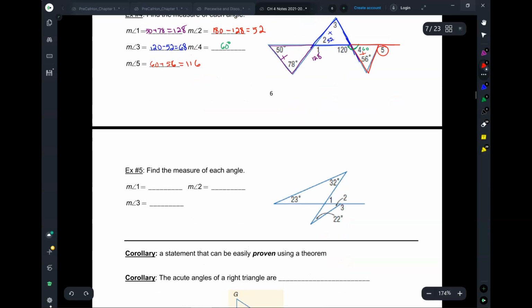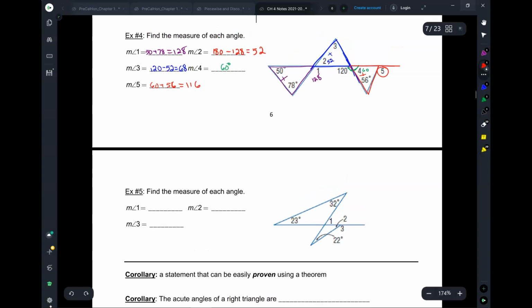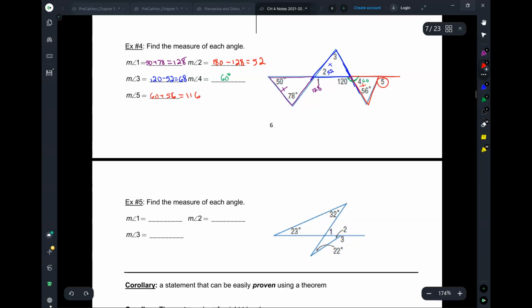I don't understand how you got from measure of angle 3. Okay, so this 128, the yellow one, is an exterior angle. Oh no, is that the way we did it? Sorry.